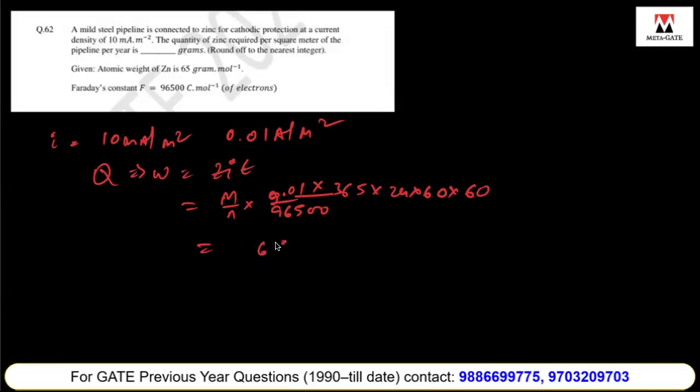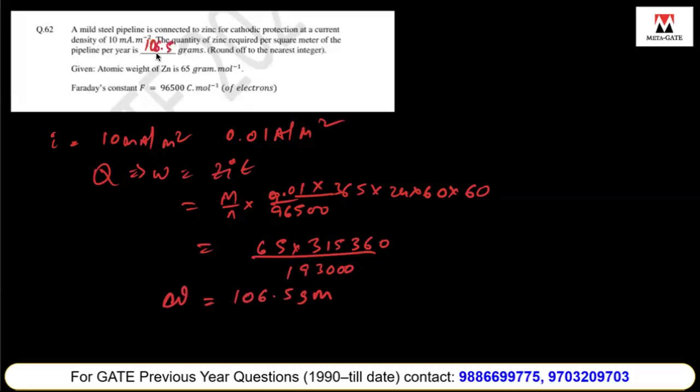So you'll get 65 into Q, which is 315,360, by 2 into 96,500, which is 1,93,000, which is equal to 106.5 grams. So the weight is 106 grams per meter square per year.